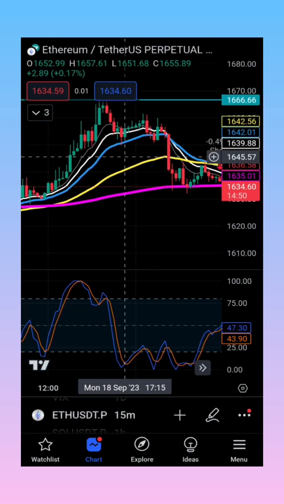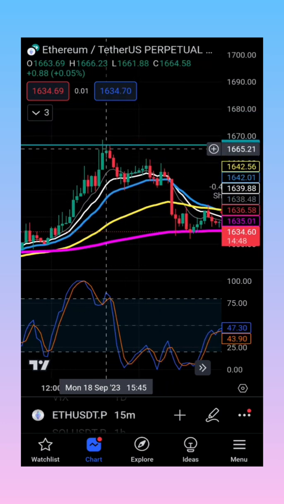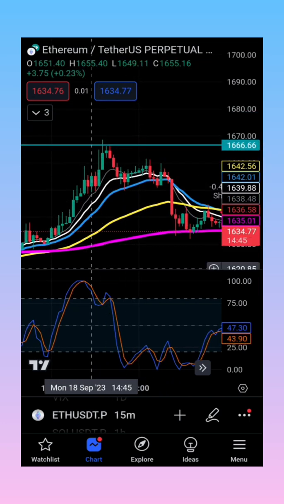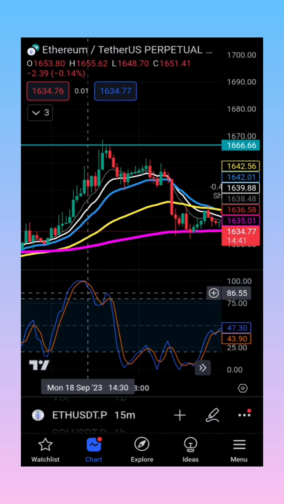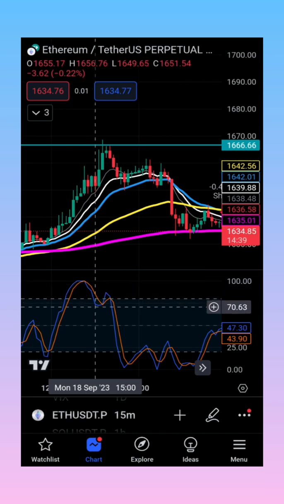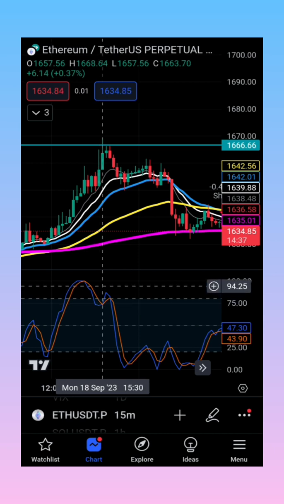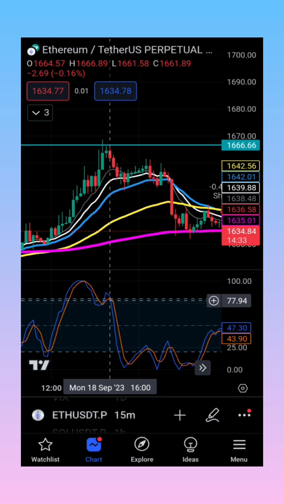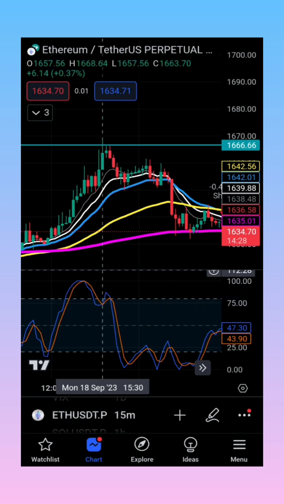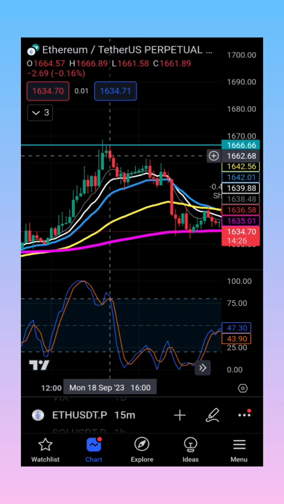Over here at the peak, when we hit the 16666, if you can look over here, we had a cross down on the stochastic. We came down, we had a quick move up, and then continued. Then you had this cross down right about here. When you had this candle over here, that was your first signal.